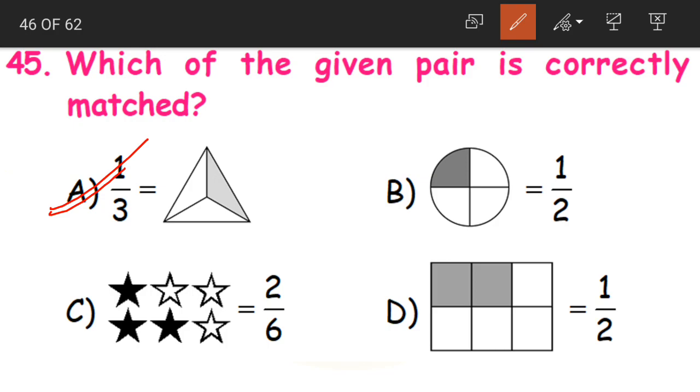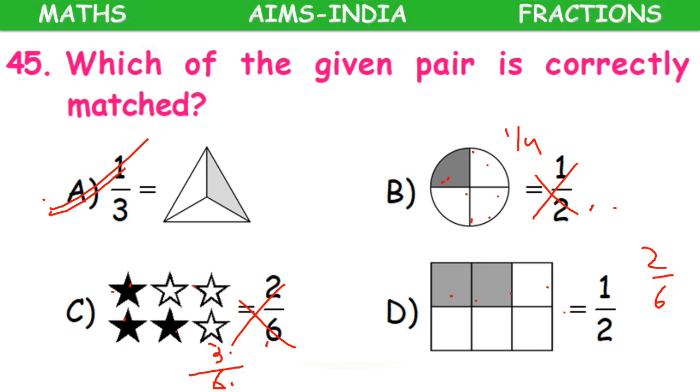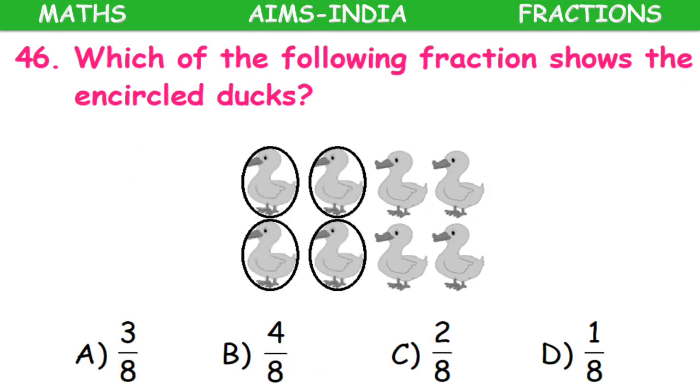If you look at the other options, children, this is 1 by 4. Yes, 1 by 4. Here it is 1 by 2. So, it's wrong. Here 3 are shaded divided by, we have 6 stars. So 3 by 6 is the correct answer, not 2 by 6, and this becomes 2 by 6. So only option A is correctly matched.